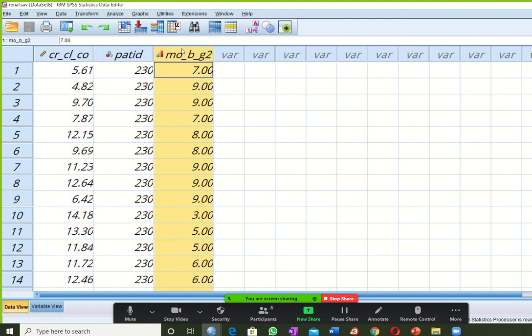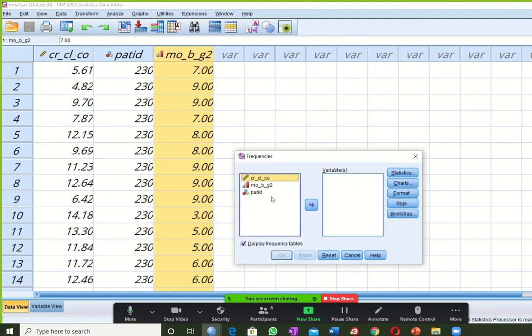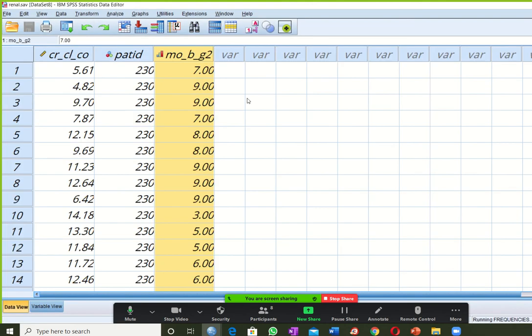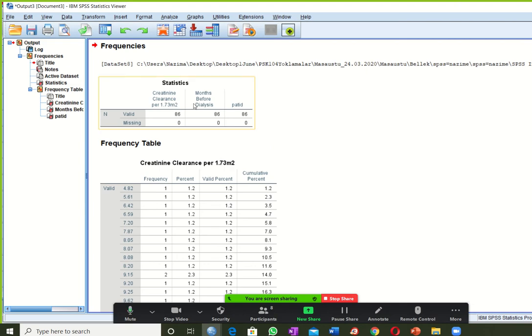And to find how many patients, again, analyze, descriptive statistics, frequencies. I have everything to the other side and click OK. And I will have my output here. Let me see this one. So this time I have 86 patients in my study, and nothing is missing.